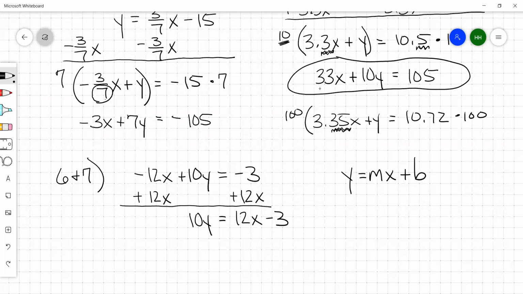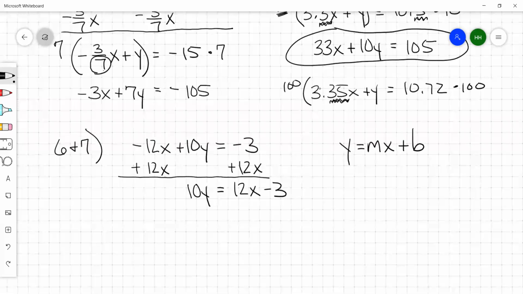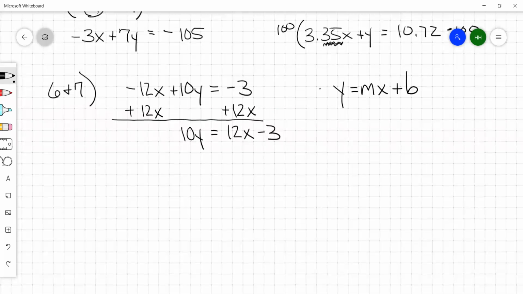You got to get this y by itself. In order to do that, you divide everything by 10. So y is going to be equal to 12 divided by 10, or 12/10. That's 6/5 x minus 3 over 10.